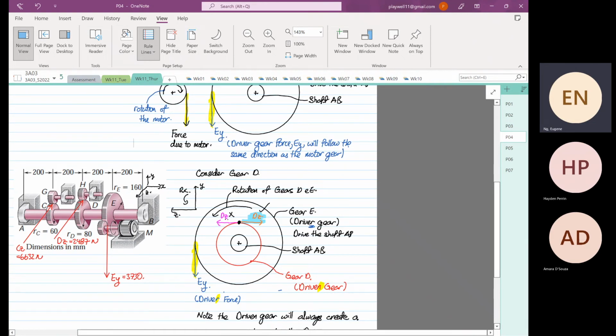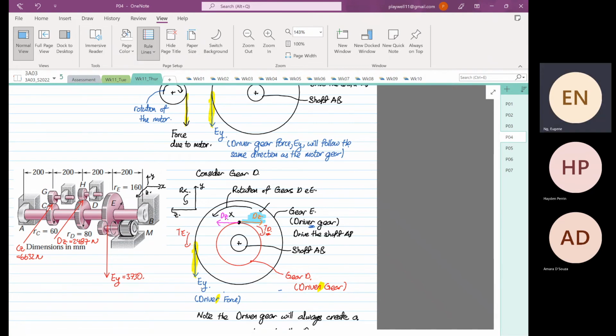So if E is coming down or generating, E will generate a torque in this direction, and D will always oppose the torque due to the driver. D is the driven, E is the driver. It will oppose the torque.